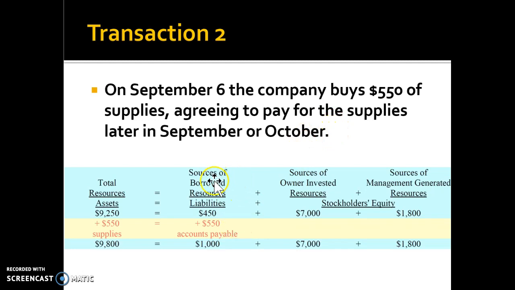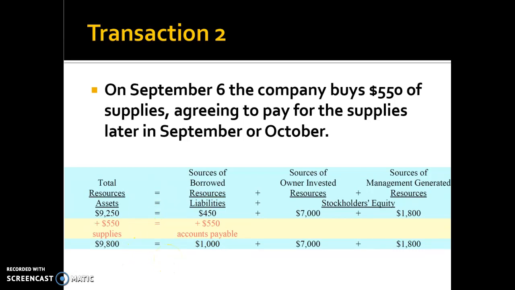So our sources of borrowed resources, which is the liabilities, will also increase. They should both be increasing to keep our equation equal, in the amount of 550. So you will see an increase on the left-hand side of the equation, and an increase on the right-hand side of the equation. That keeps our equation equal.